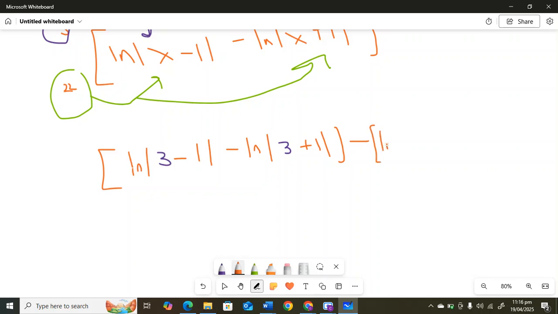Natural log, where there's x, we substitute it with 2. So natural log of 2 minus 1, minus natural log of 2 plus 1. So in your calculators, in case you get a negative value for any of these, since there are these 2 lines here, it means absolute value, meaning you ignore that negative sign. Okay, colleagues? That's what these 2 lines mean here.